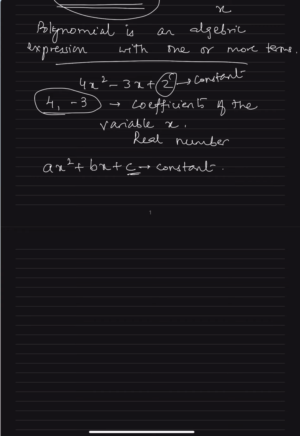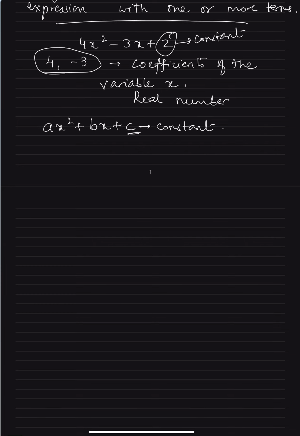Now, how to denote this polynomial? This is an algebraic expression, but if we want to denote it, we can write p of x is equal to 4x square minus 3x plus 2.